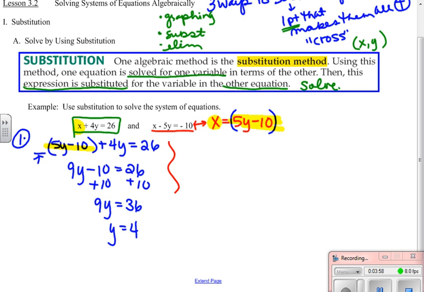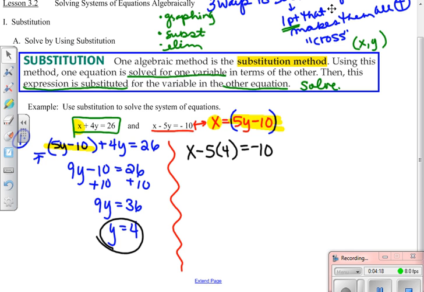I only have half my answer. Now I need to take this answer and go back to one or the other of my equations and find x. So let's just go to this one, and we're going to say x minus 5 times 4 equals negative 10.